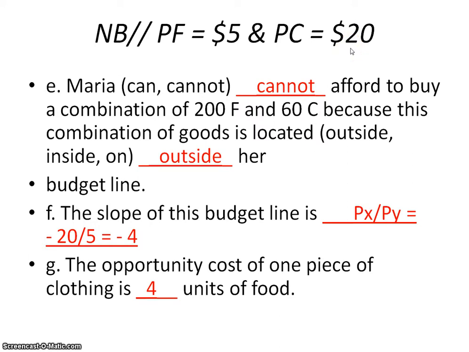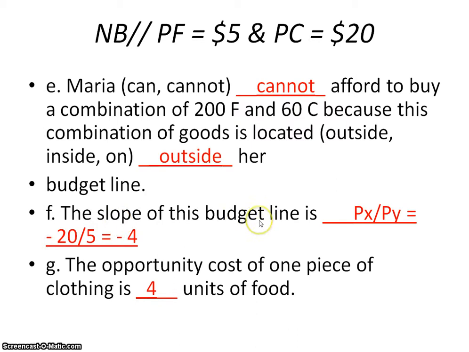So $1,000 is spent on food and $1,200 on clothing. 1,000 plus 1,200 is $2,200. Maria's income is only 2,000. So the expenditure on that combination of 200 food and 60 clothing is beyond Maria's income, and therefore she cannot afford to buy that combination, and it lies outside of her budget line.